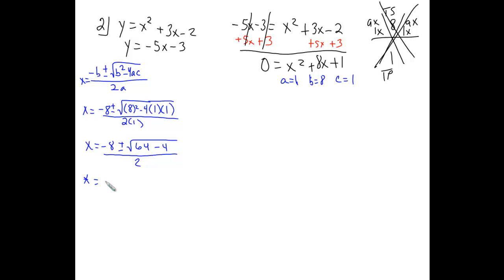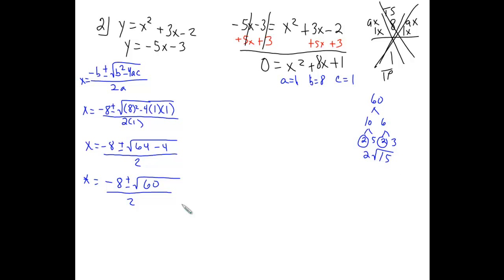X is equal to negative 8 plus or minus the square root. 64 minus 4 is 60. All divisible by 2. Now remember, I've got to simplify 60. 60 is 10 times 6. 10 is 2 times 5. 6 is 2 times 3. I have a pair of 2's. What's left over gets multiplied together.